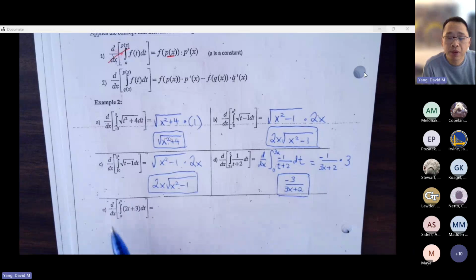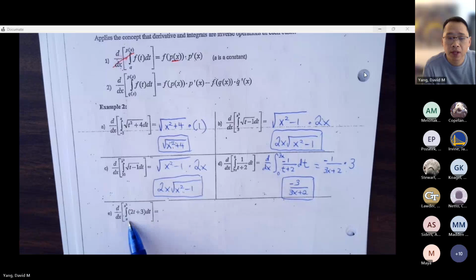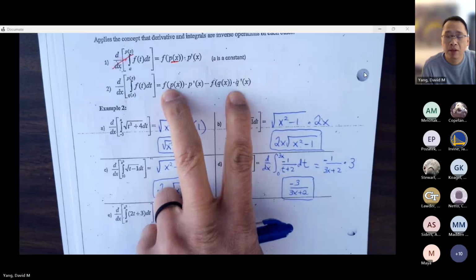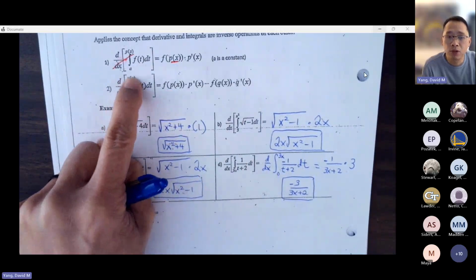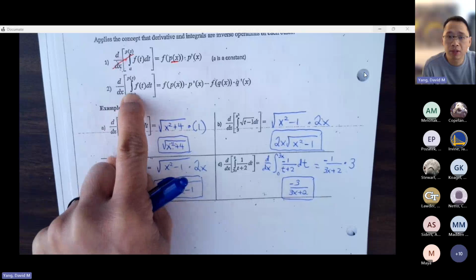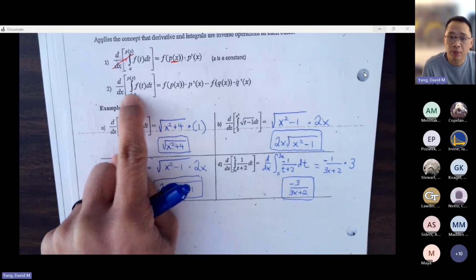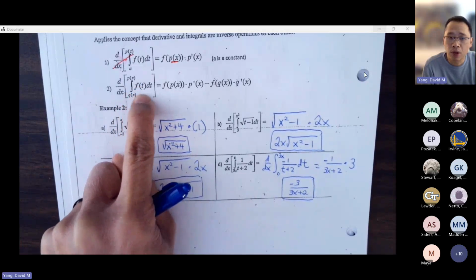Part E, what's different about part E is now both my bounds are variables. So we basically are just going to apply the process twice. Okay. So what the second rule says, if both my bounds are variables, I'll do my upper bound just like how I did from before, f of p of x times p prime. But then the lower bound is also a variable, so it will also have the full impact.